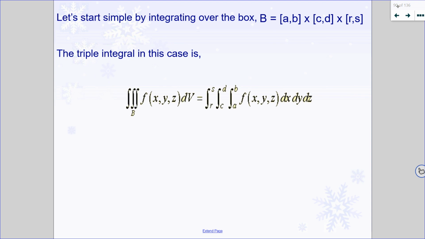We're going to first consider integrating over a box, which just has numeric dimensions. The first dimension references x, then y, and then z. The corresponding integral will just look like this, where we have a function in terms of the variables x, y, and z, and then dx, dy, dz.